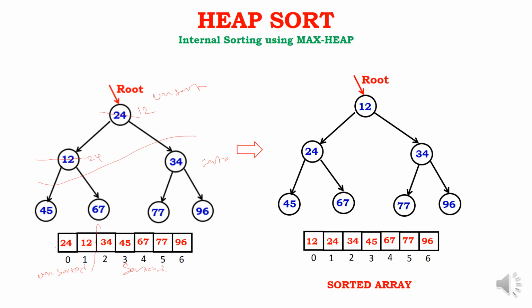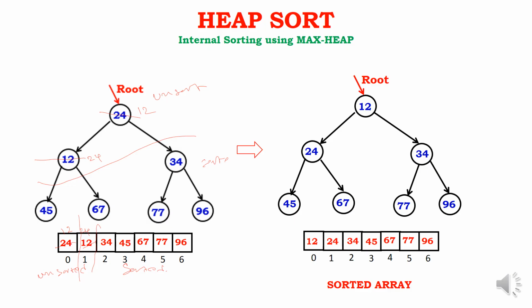So these two are interchanged. So 24 is also inserted in the sorted array. It is fixed in its proper position and the remaining element is only one element in the unsorted position. If an array consists of only one element, it is already sorted.